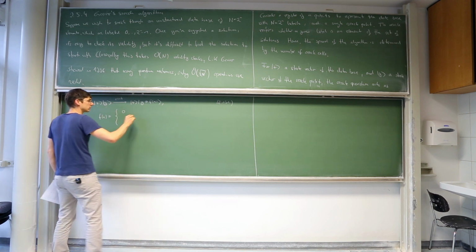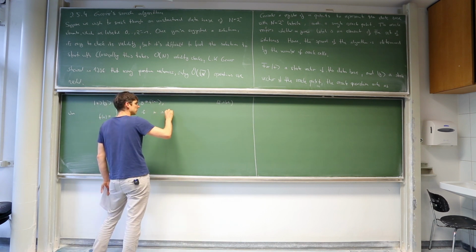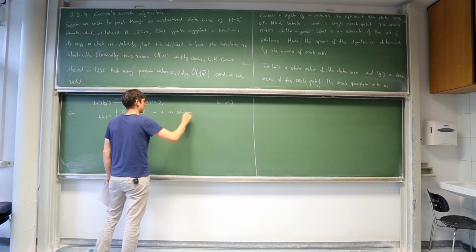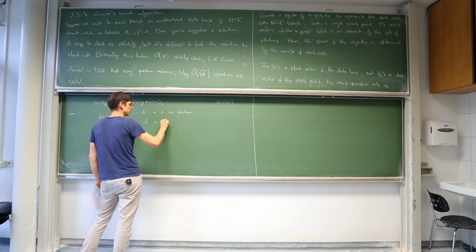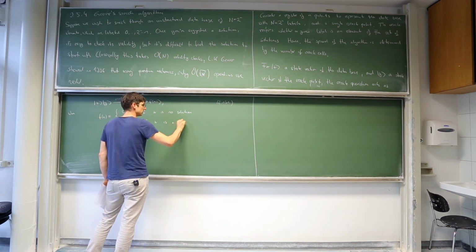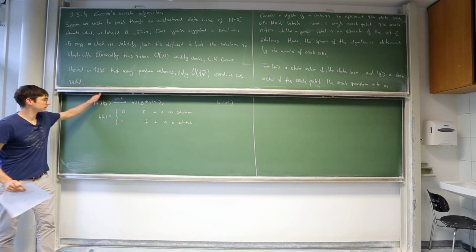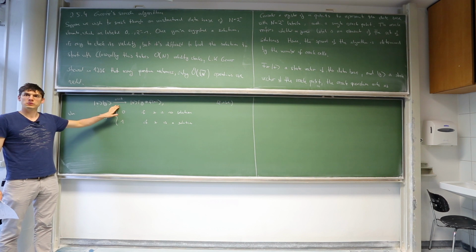It's 0 if x is no solution, and it's 1 if x is a solution. So by this you see that the oracle tells us whether we have a solution or not.